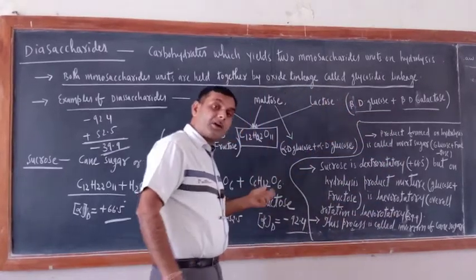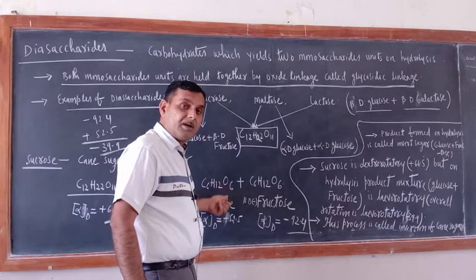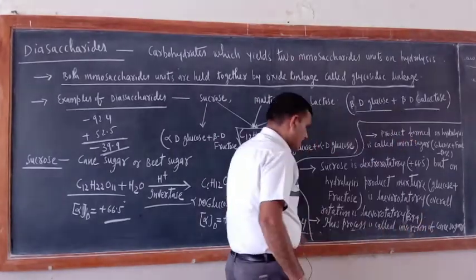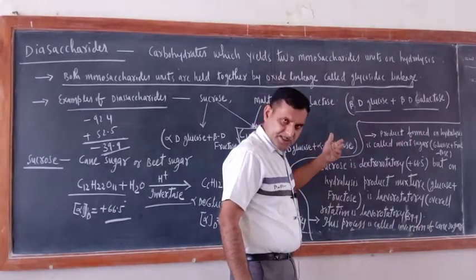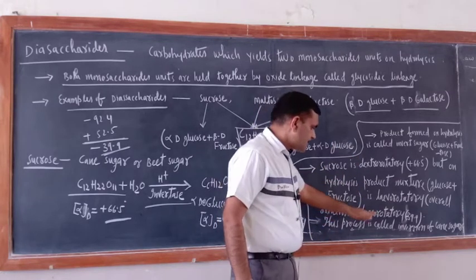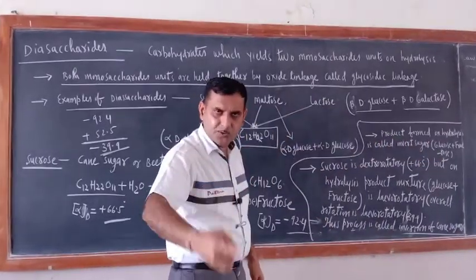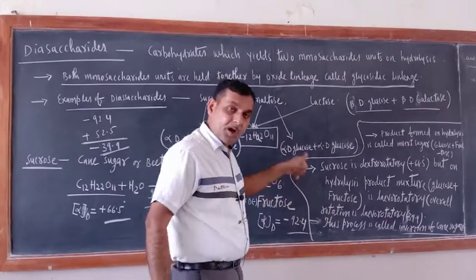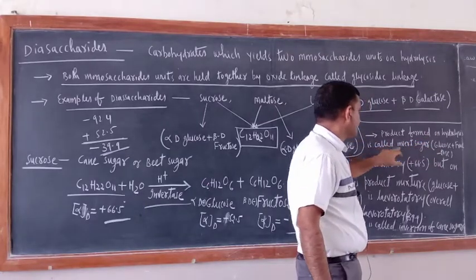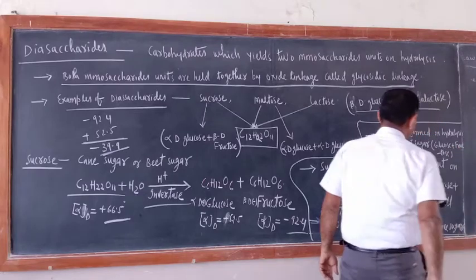What is the meaning of overall rotation? Overall rotation is the difference of the rotations of glucose and fructose, which I wrote here, minus 39.9. So overall rotation is still laevorotatory only. So this process is called inversion of cane sugar, meaning from dextrorotation to laevorotation, and the product formed on hydrolysis is called invert sugar, a mixture of plus glucose and fructose.